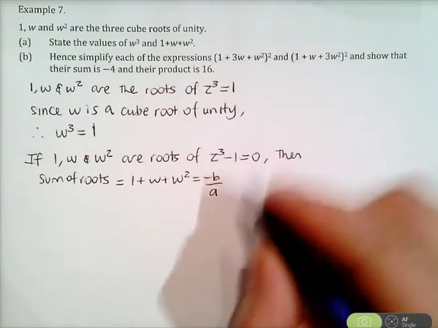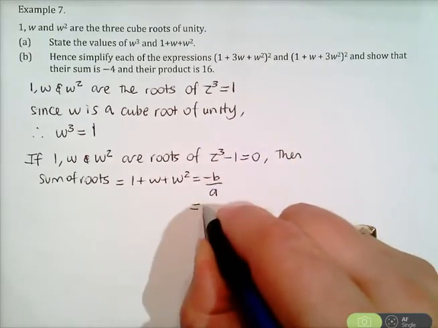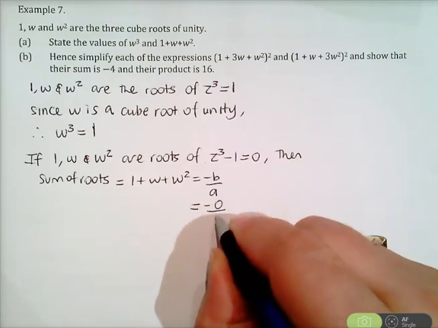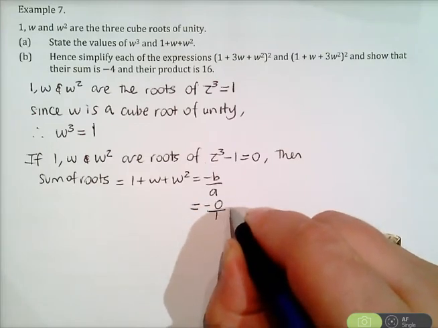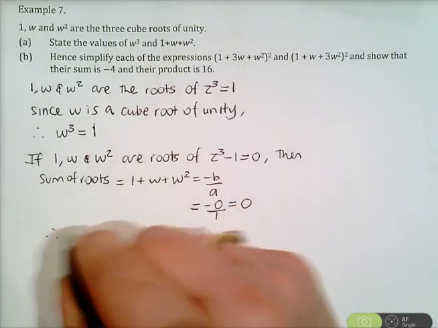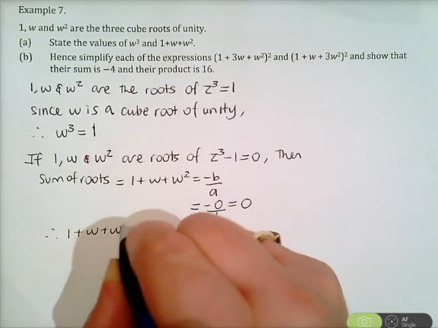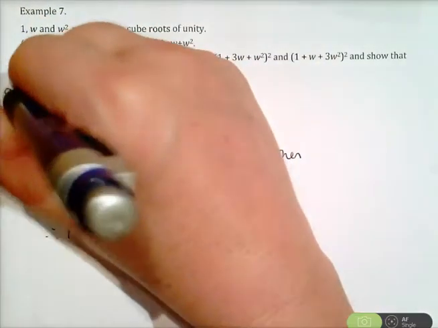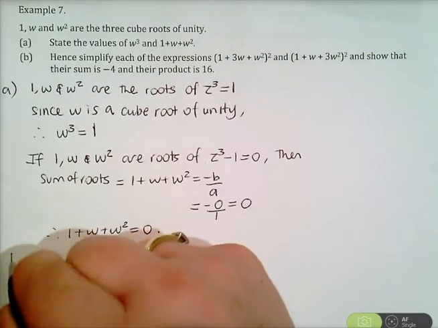Remember, we just did this in the last question. Now, here we know that a is 1, b is 0, so it is negative 0 on 1, which happens to be 0. So, therefore, the value of 1 plus w plus w squared is equal to 0. Now, that's part A.